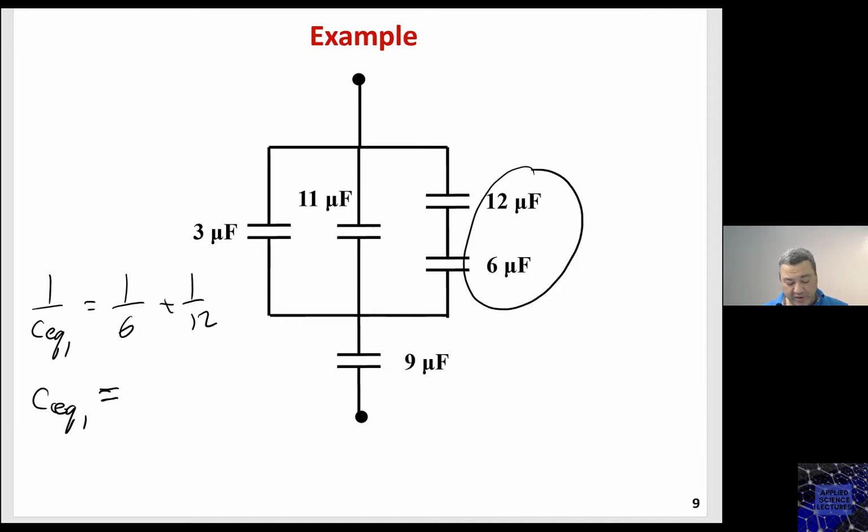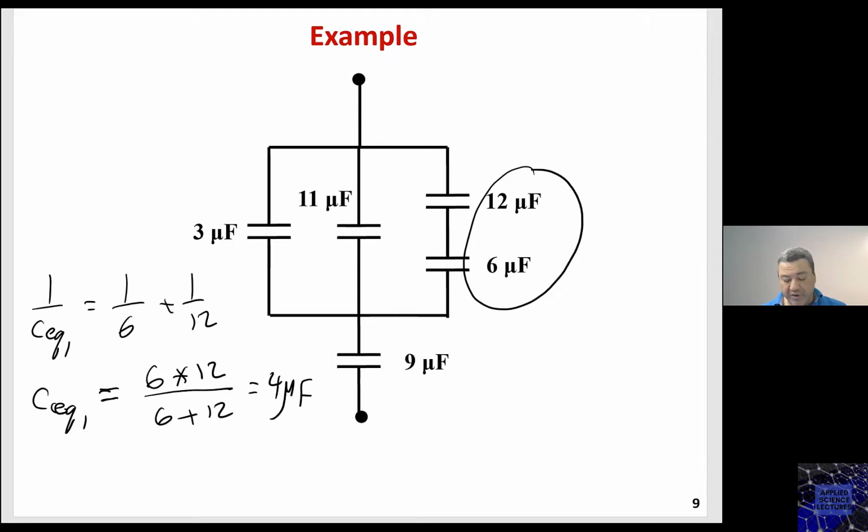Because there are only two components, C equivalent 1 can be calculated by 6 times 12 divided by 6 plus 12. This applies only to two capacitors connected in series. So we have 6 times 12 divided by 18, and the result is 4 microfarads.